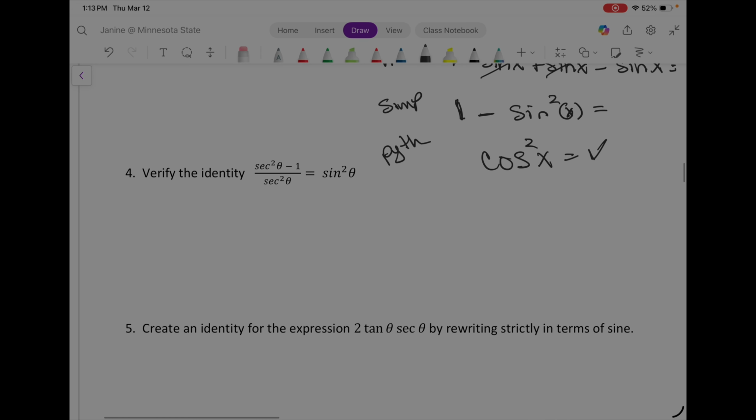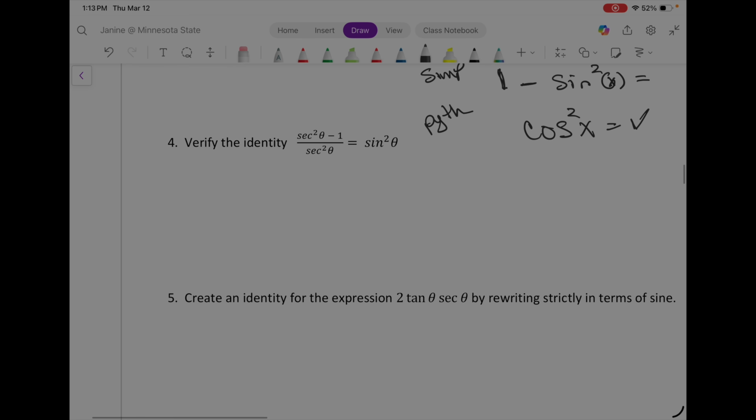The next example, we're getting a little bit trickier here. Secant squared minus 1. I think there's many different ways to approach this, and as long as you're not breaking any mathematical rules, there's no wrong answer as far as what step to do first. A lot of instructors will teach you to always convert to sines and cosines.